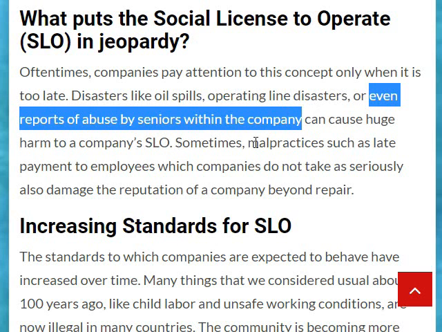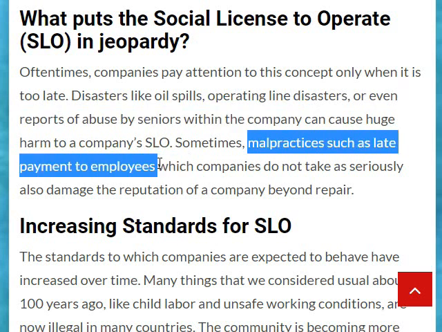Apart from this, if some company is paying a late salary to their employees, they are not able to pay their employees on time, this also sends a bad message to the employees or the general public.